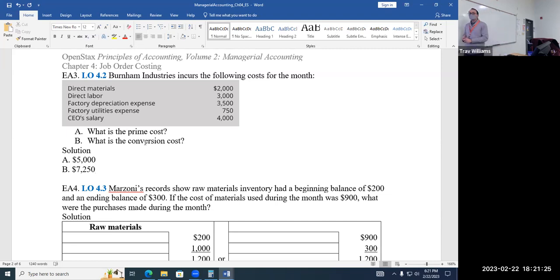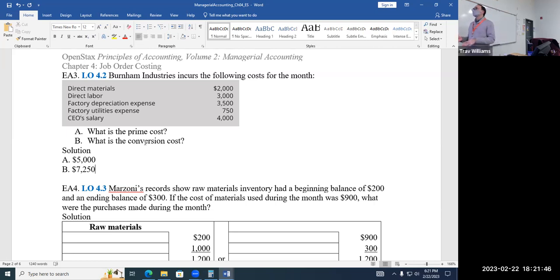There is overhead, but overhead is so many different things together that it might be a substantial part of the cost, but a lot of times a manager is just going to want to know what's the cost of materials and labor that went into this product. So they would ask for the prime costs.